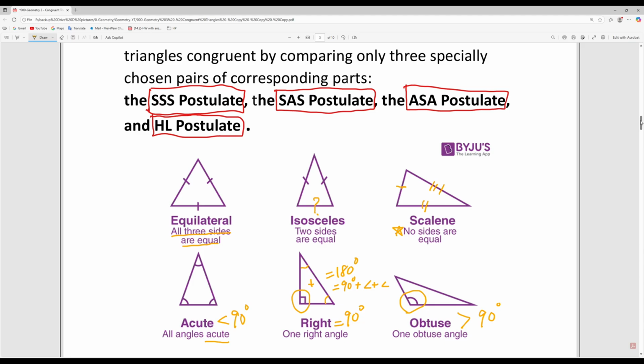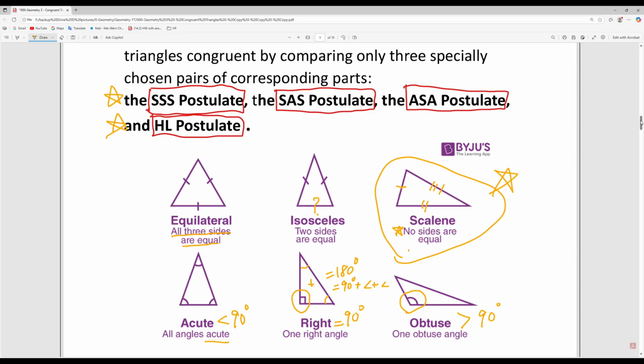So those different types of triangles, you would like to prove they are congruent triangles by using those postulates. Now in the video, I will just choose a very special triangle to show you how to understand the postulate.